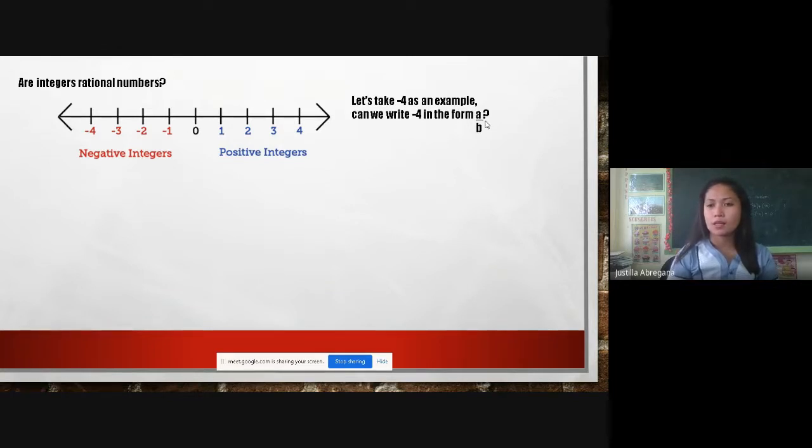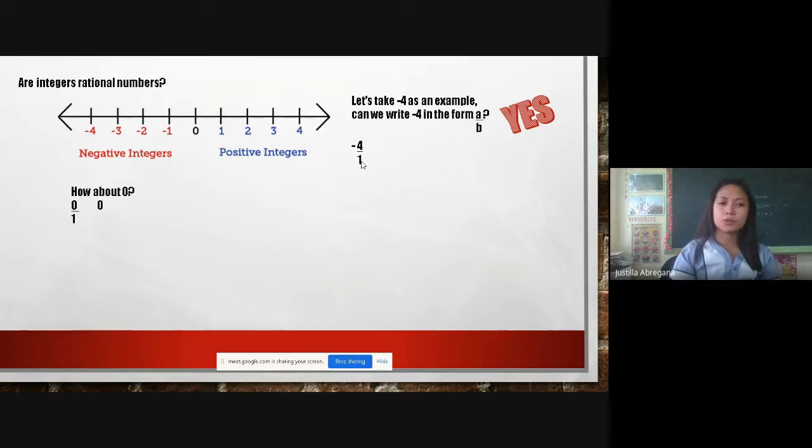The answer is yes. It's equivalent to -4 over 1. Is it rational or not? It's rational because it can be written in the form a over b, where b is not equal to 0. As you can see here, the denominator is 1.